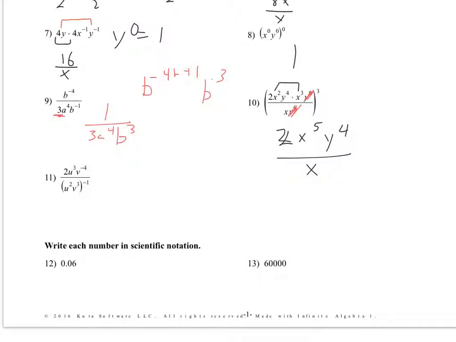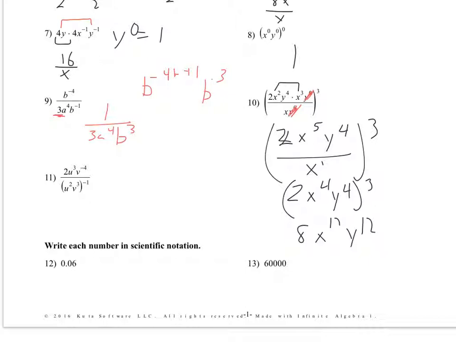I think I made a mistake earlier. Okay. And then we've got 2. Oh, that's all to the third. Now that's to the first power, so this is 2x to the 4th, y to the 4th, all to the third. And so we can say that this is 8x to the 12th, y to the 12th.